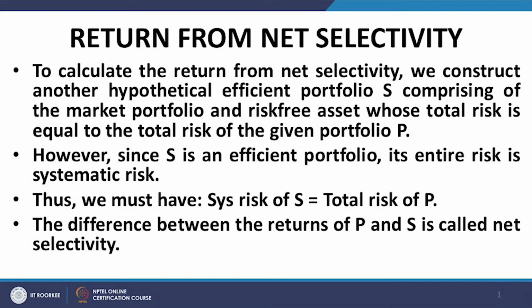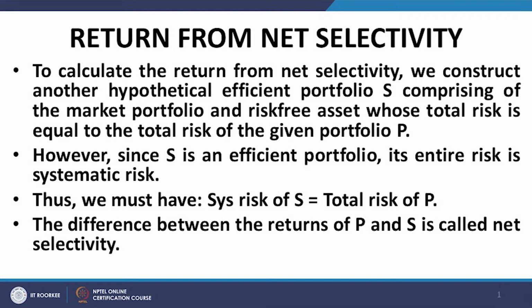The second property is that as far as the risk of this portfolio S is concerned, the risk of this portfolio S is equal to the total risk of portfolio P, the portfolio that is given to us, that is being evaluated, that is portfolio P. So, the risk of S is equal to the risk of P, but the risk of S is entirely captured by its systematic risk. It has no unsystematic risk because it is an efficient portfolio.